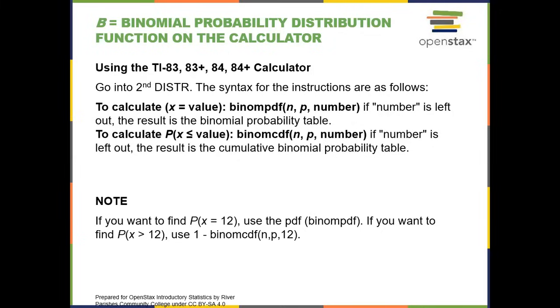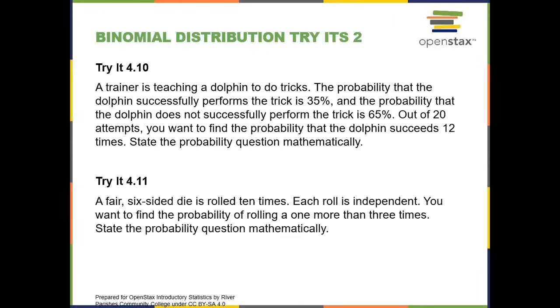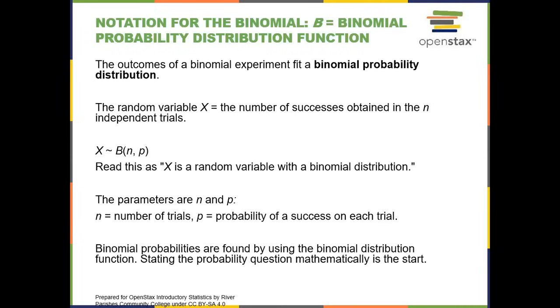Okay, so how do you do it in the calculator? To calculate the probability of X equal to a value, use binomial PDF in your calculator. To calculate the probability of X less than or equal to, you use binomial CDF. So let's do this particular problem.